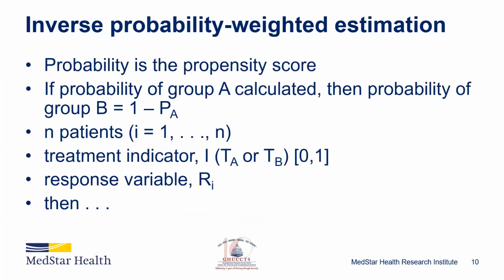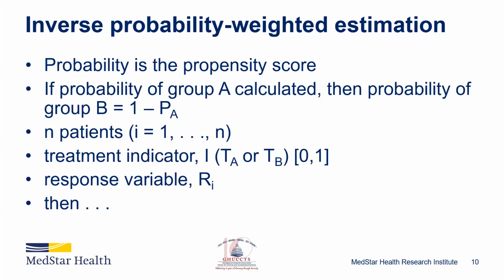Okay, so the second one that I'm going to talk about is inverse probability weighting. Again, we have the propensity score, the probability of being in one group or the other.